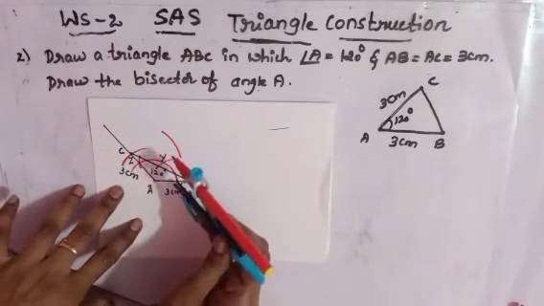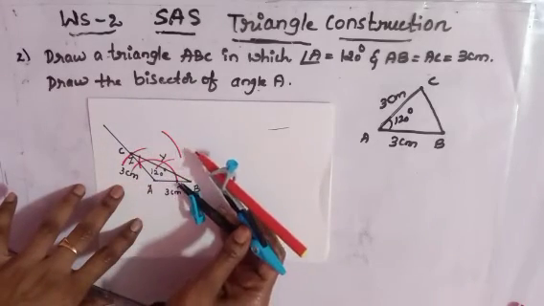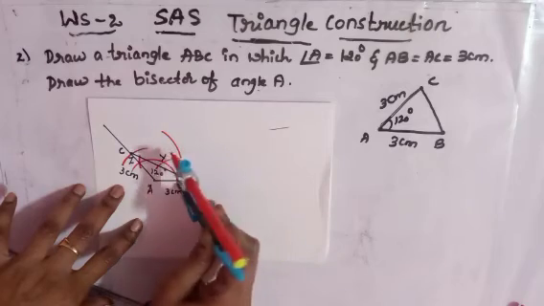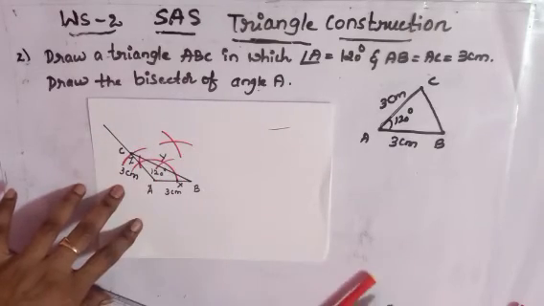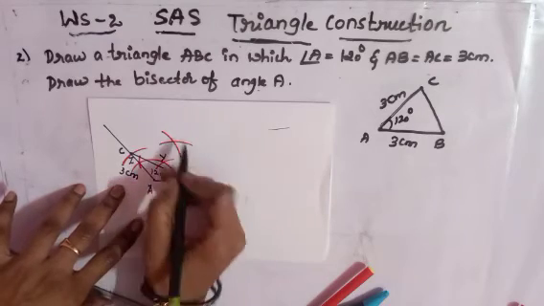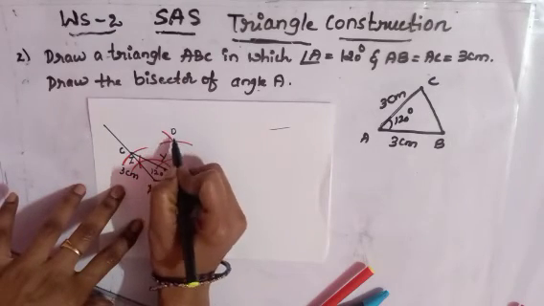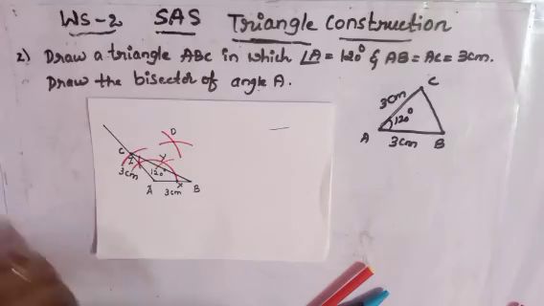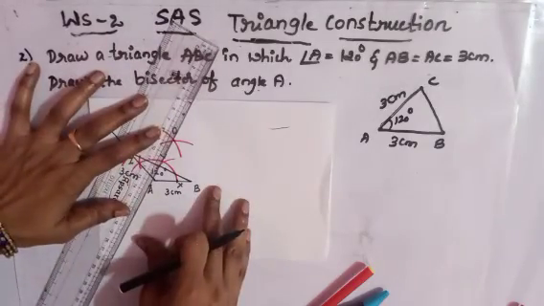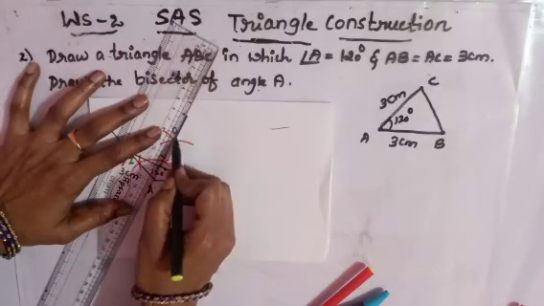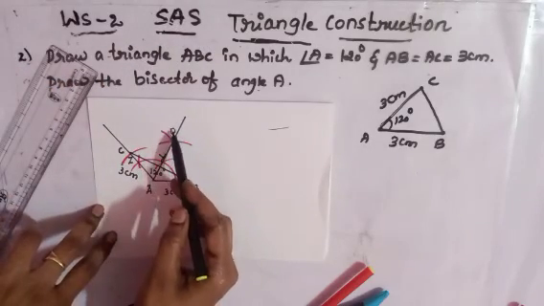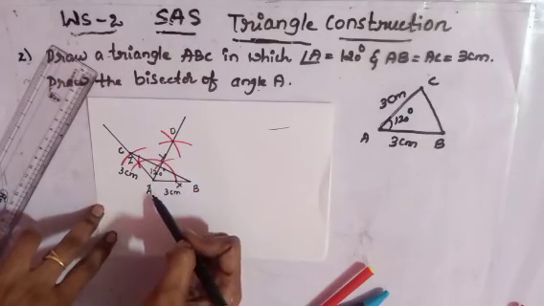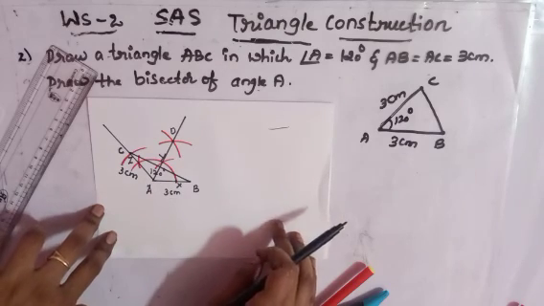With the same radius, don't change the radius, place the compass at X. Draw one more arc. Where these two arcs intersect, name it as D. Join AD. Now AD is the bisector of angle A. Let us solve the next one.